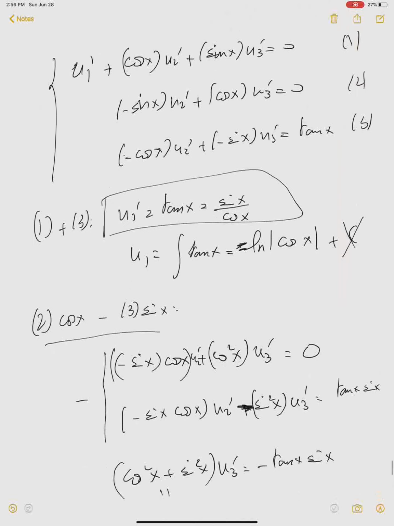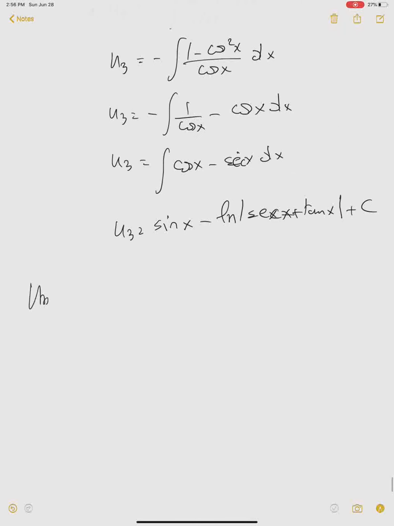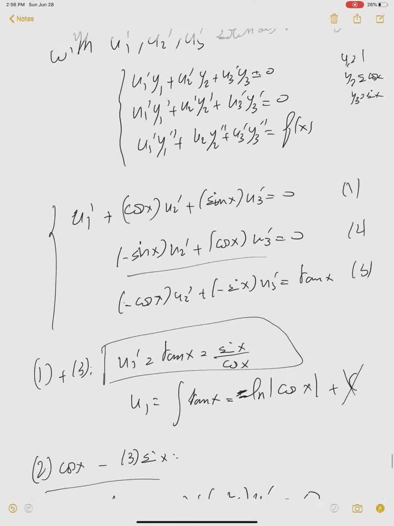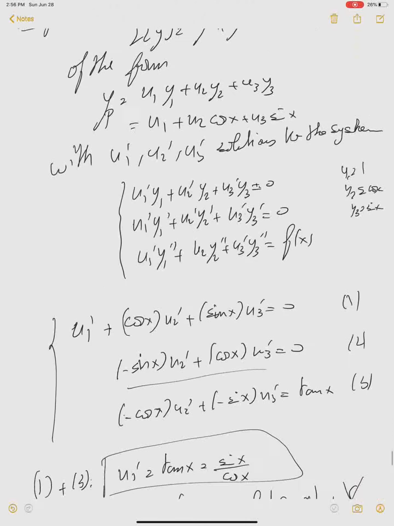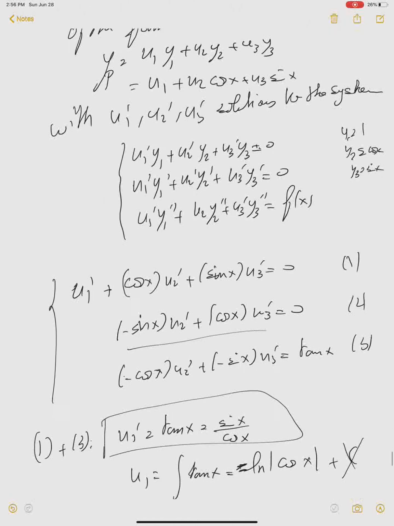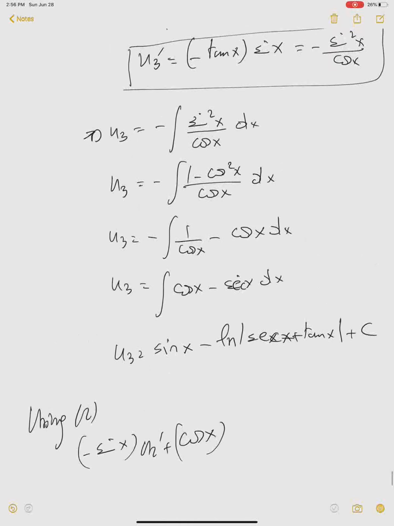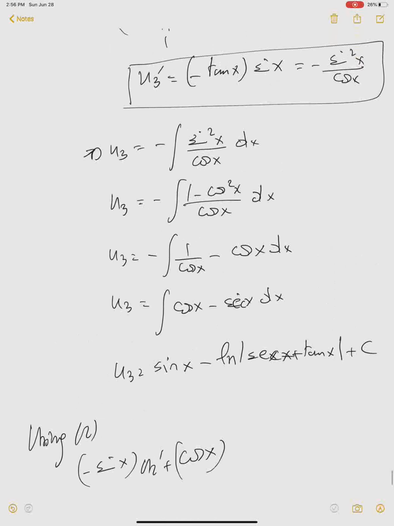Okay, you see this exercise is not that short. So using 2, I have minus sine x times u2 prime plus cosine x times u3 prime, where u3 prime is minus sine square of x over cosine x, is equal to 0.